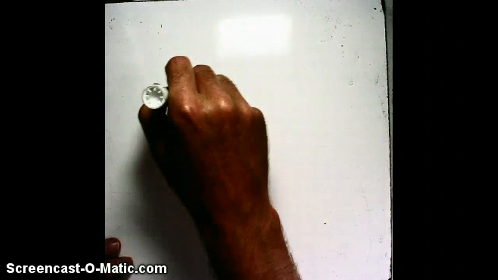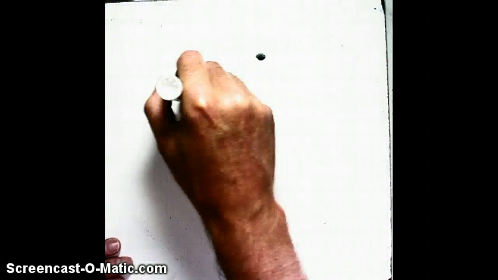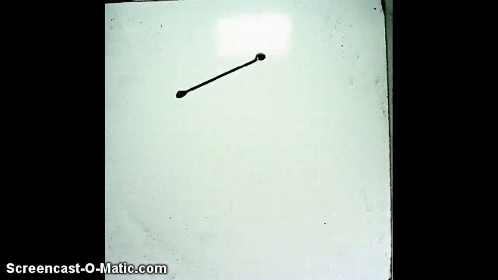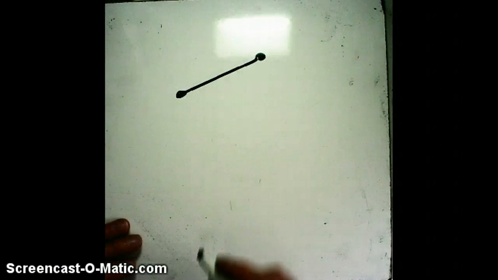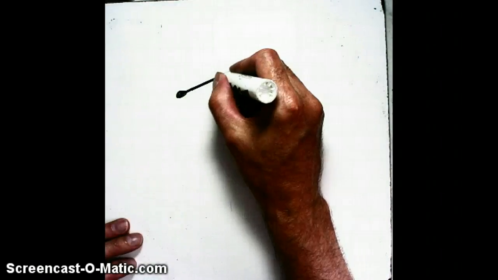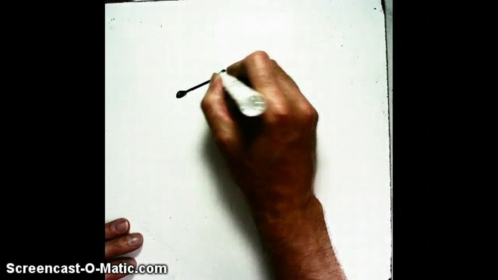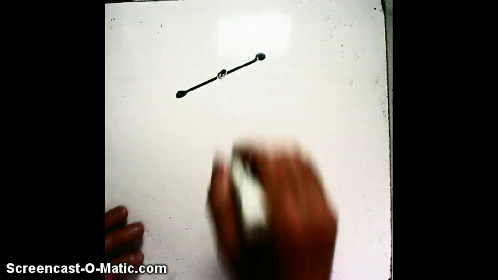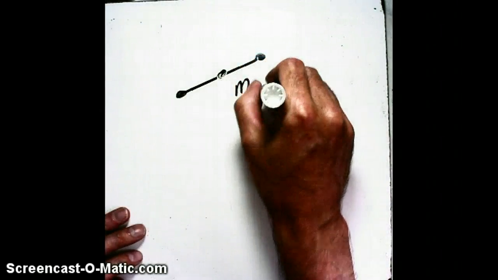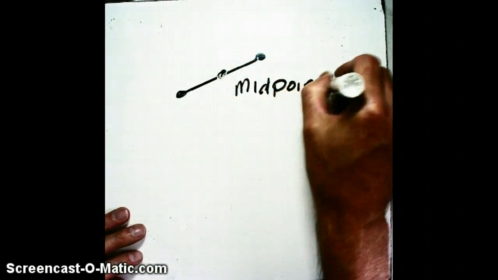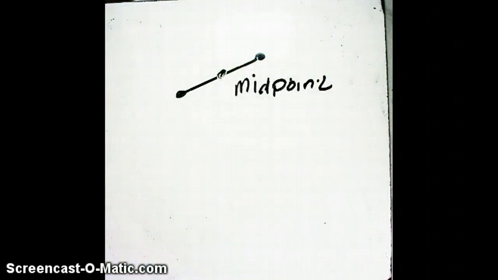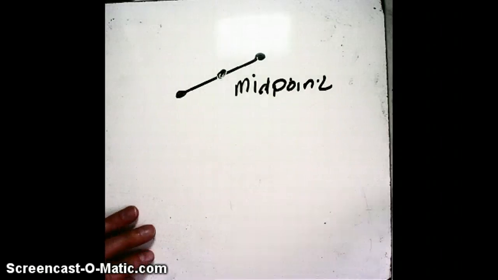Now we could talk about the length between 2 points, or the distance between 2 points. And we can also talk about the special location in the middle. So a point in the middle, good name would be midpoint. Now we could also talk about the equation of a circle, and we'll talk about that in a moment as well.